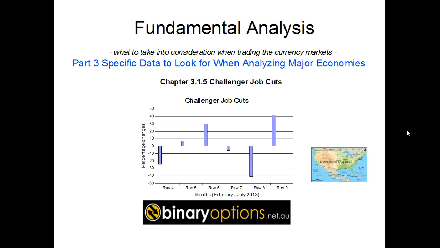As you can see, for the past 6 months, the challenger job cuts in February was minus 20 something percent. Then we went into positive territory for March 2013 and April, negative again in May and June, only to rise to more than 40% for July.